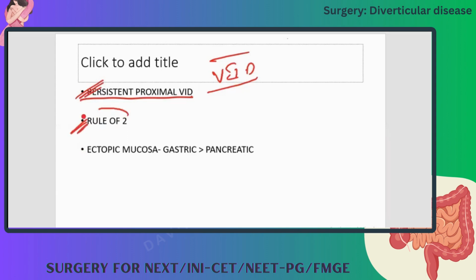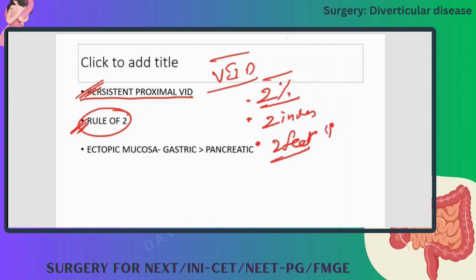There is a rule of 2 for it. It is present in 2% of the population. Suppose we are 100 people, 2 people will have Meckel's diverticulum and most of the times no symptoms. It is 2 inches in length, that is 5 centimeters, and it is 2 feet from the IC junction. IC is the ileocecal junction.